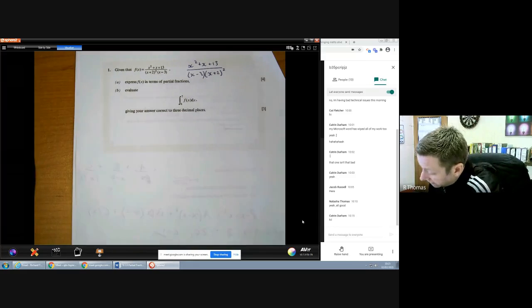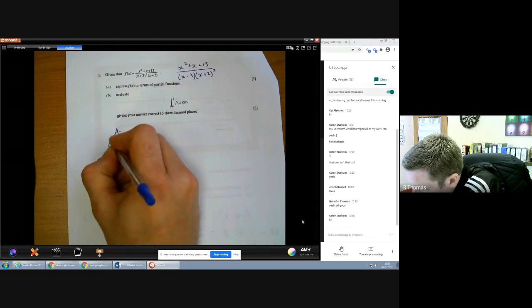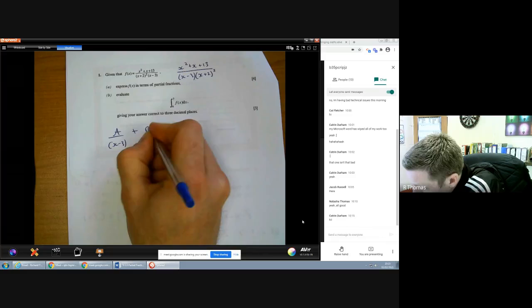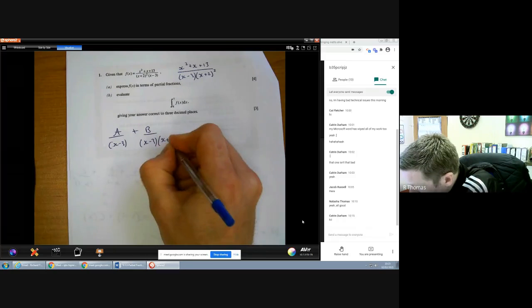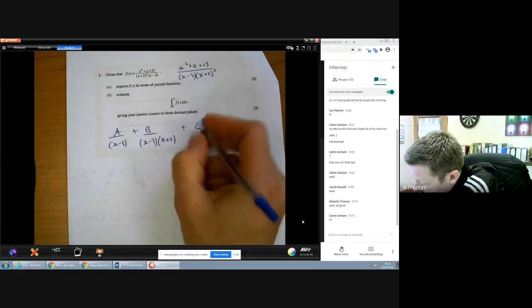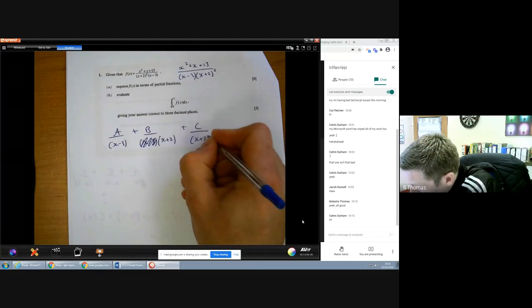So I would have written it out like this, and I would have had A over x minus 3, plus B over 1 of each, plus C over x plus 2 squared.